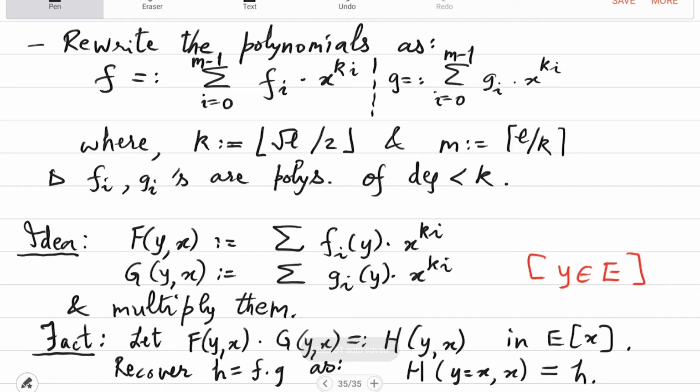The only problem is with small y, because small y is tied with a modulus, and the modulus may lose some information. But in this case it does not, because small y has individual degree less than k, which is around square root L. When you multiply two square root L degree polynomials, you only get 2 square root L, which is still far smaller than L by 2.